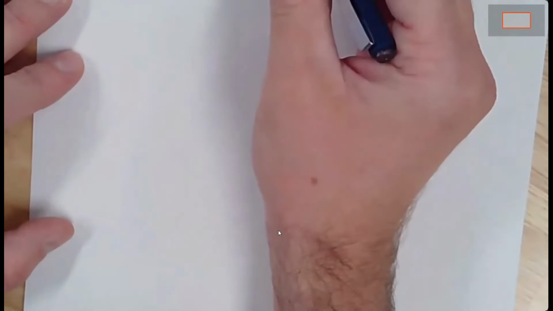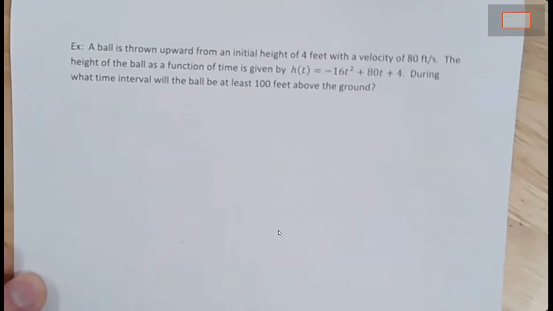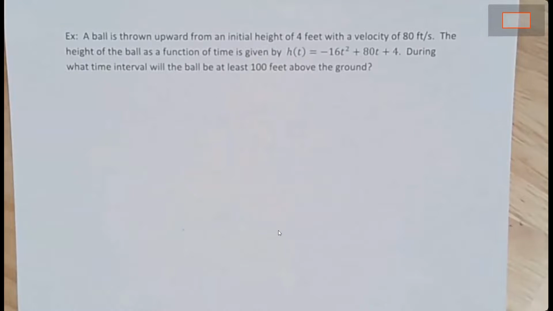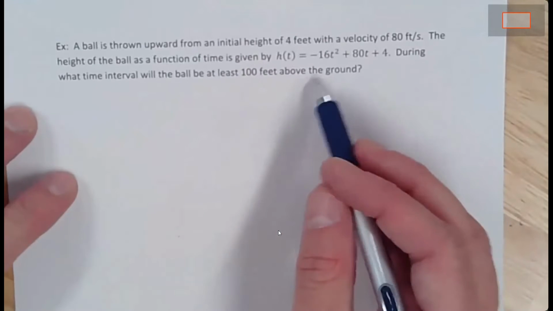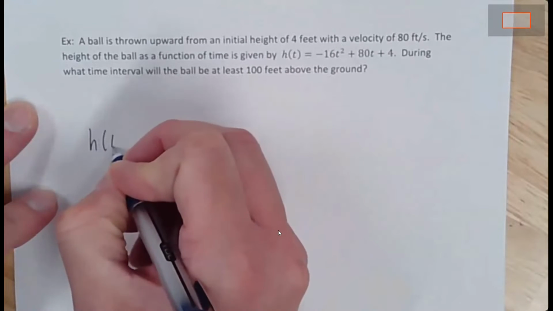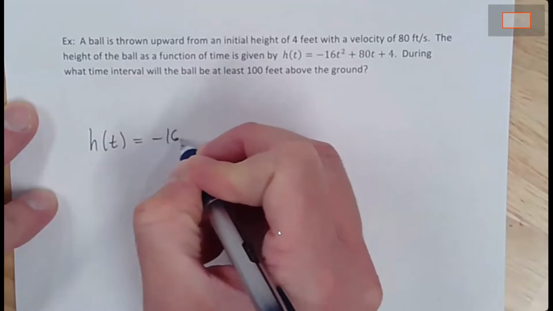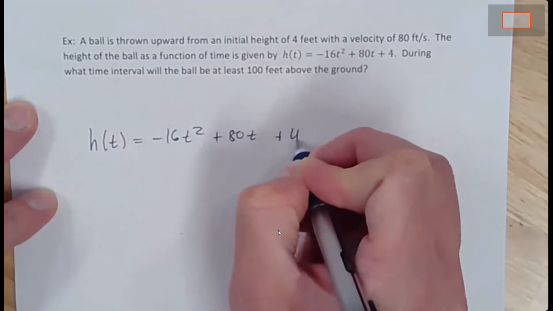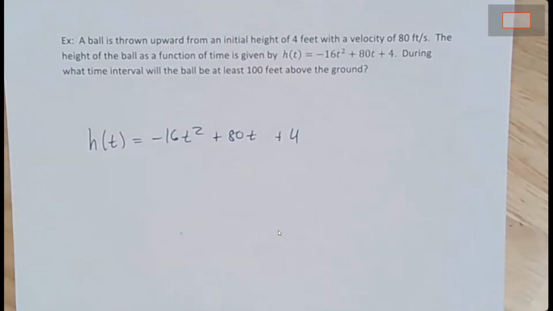All right. A ball is thrown upward from an initial height of 4 feet with a velocity of 80 feet per second. The height of the ball as a function of time is given by this equation here. Let's write it down again. During what time interval will the ball be at least 100 feet above the ground?